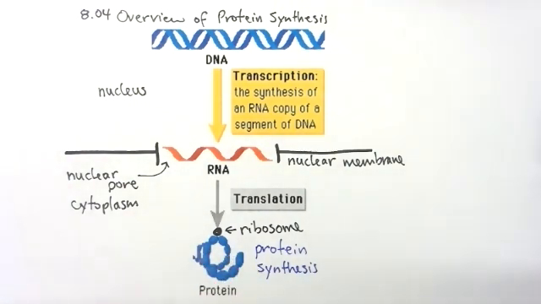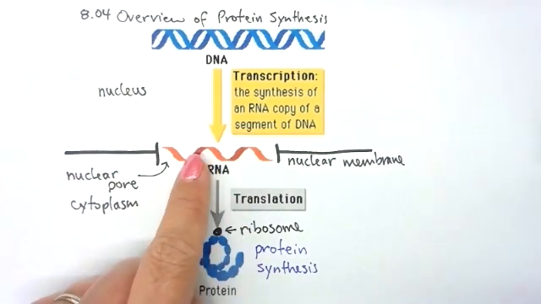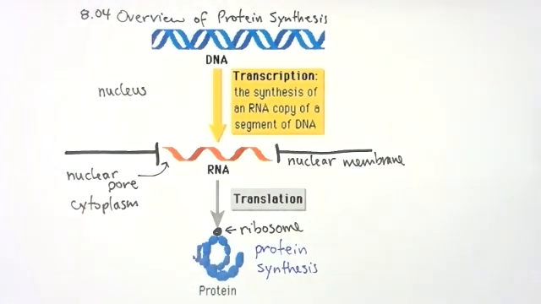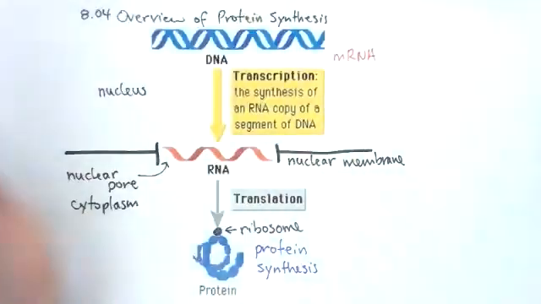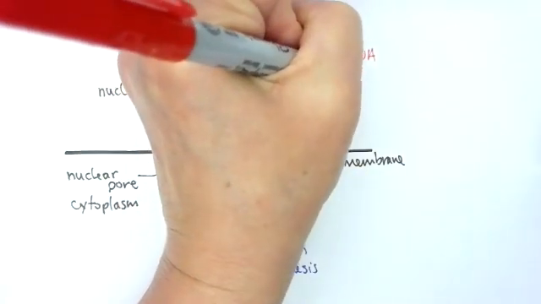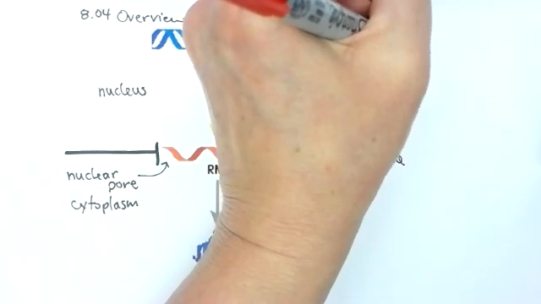So the way that we do that is we use RNA. We actually have three kinds of RNA. So we have mRNA, we have tRNA, and this stands for messenger RNA.